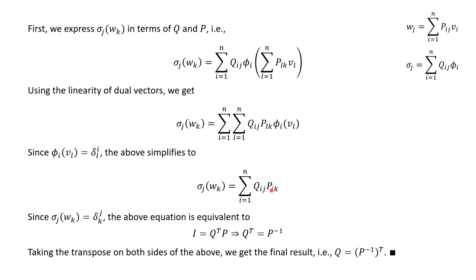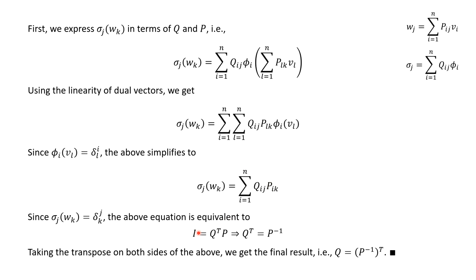So we get this. And then this is equivalent to I equals Q transpose P. You may need to think through that a little bit here. This is the summation notation for this product here. What you might want to do is take 2x2 matrices, Q and P, and take the transpose first of Q, and then multiply together, and you'll see it equals this summation.